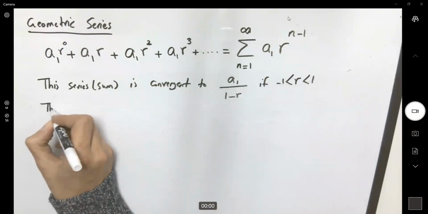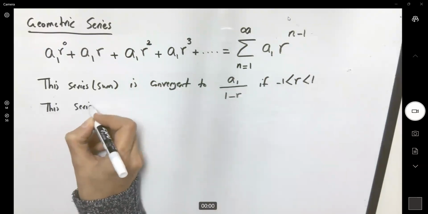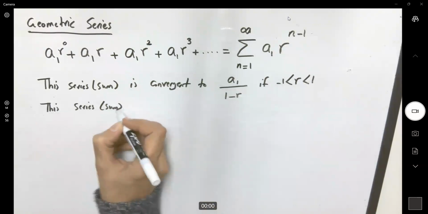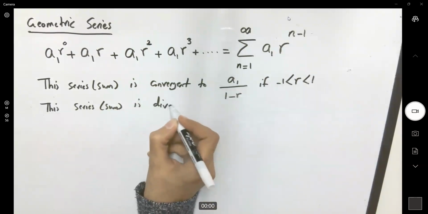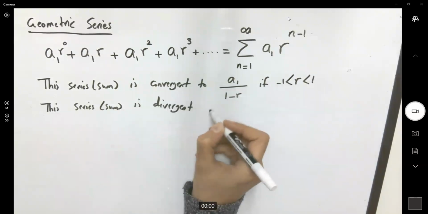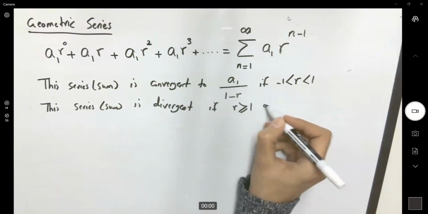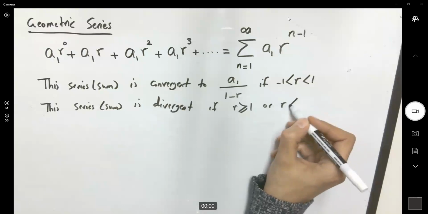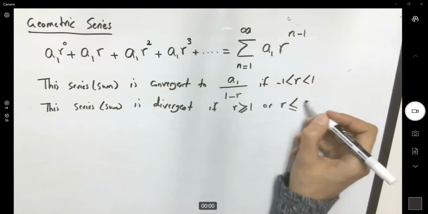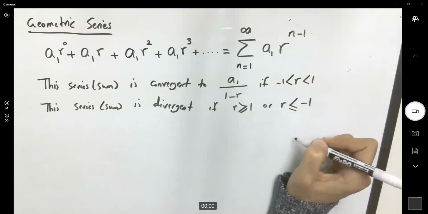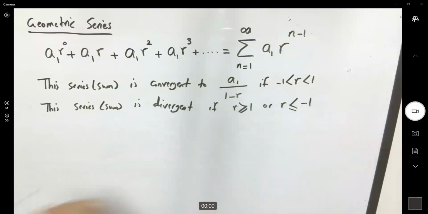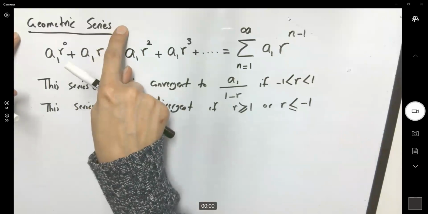And this series, or the sum, is divergent if r is larger than or equal to 1, or r is less than or equal to -1. So again, this is an important definition, geometric series.